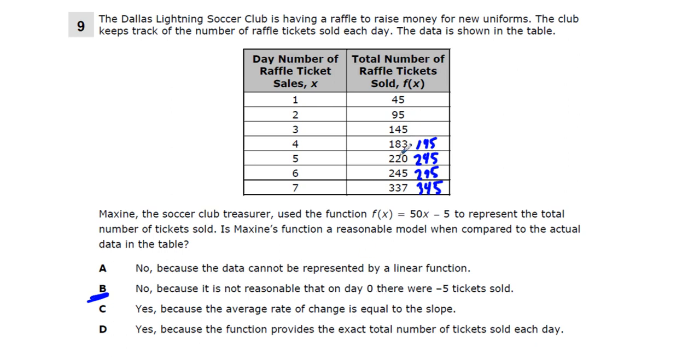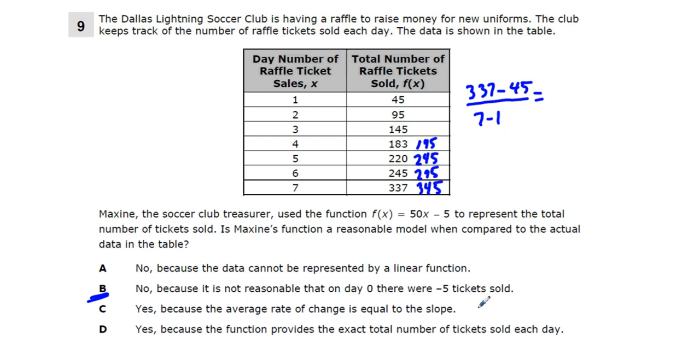Well, it's not exactly, because we're not going to have the same slope over this interval quite, because we'll have 337 minus 45 over 7 minus 1.